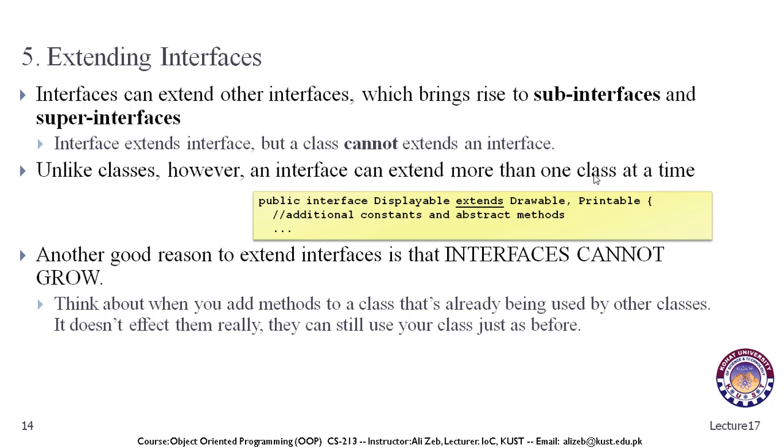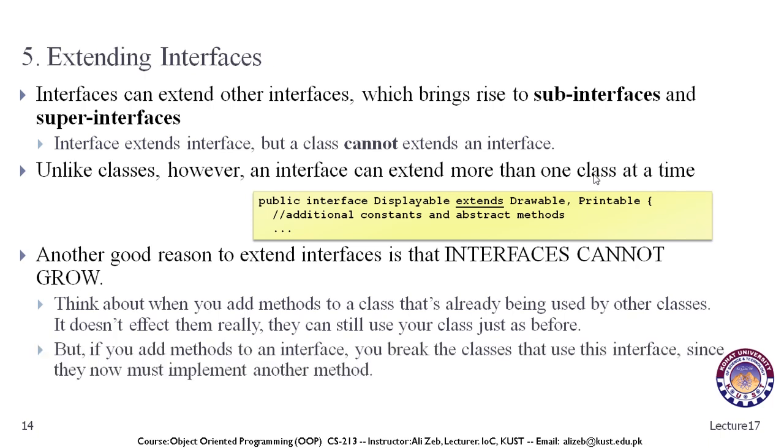But in common situations, in simpler situations, that will not affect our subclasses. But in interfaces, if you add a method to an interface, you break the classes that use this interface, since they now must implement another method.